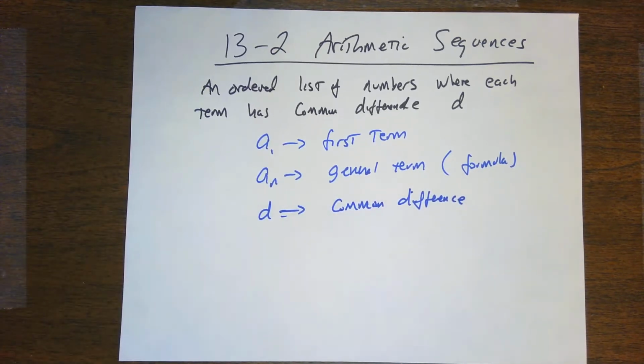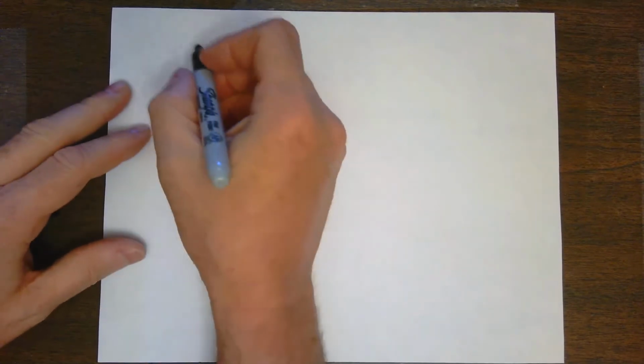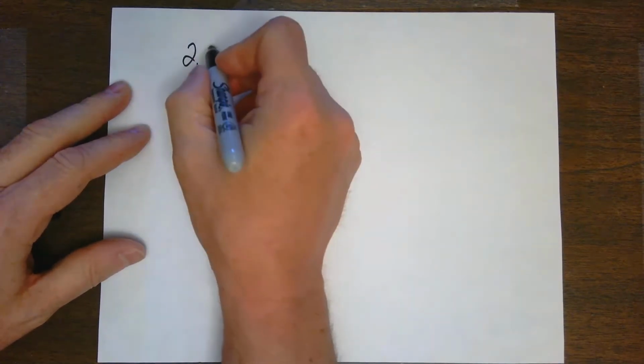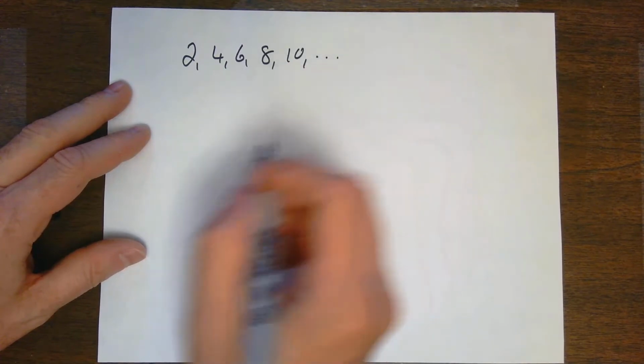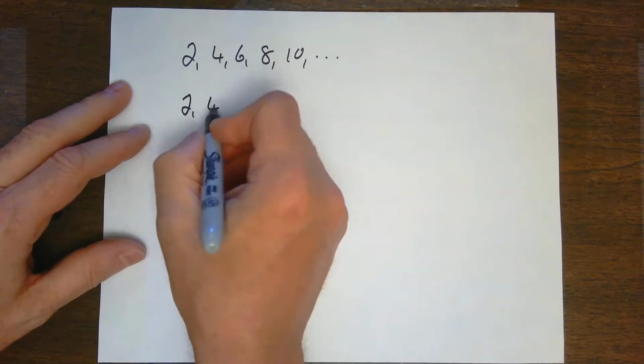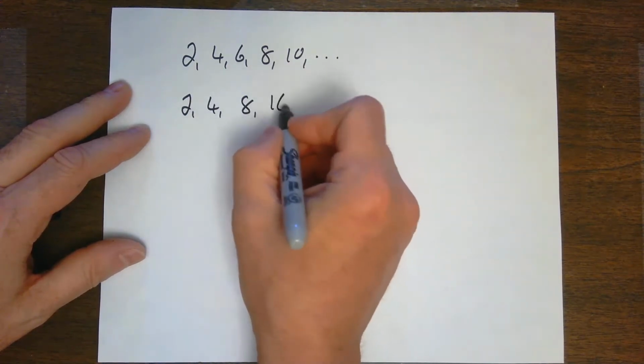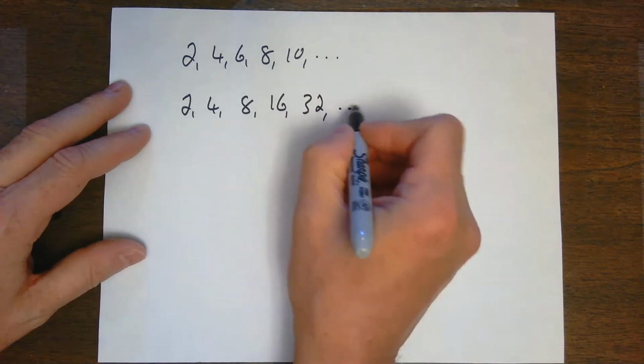So let's take a look at some different sequences and see if we can tell which ones are arithmetic and which ones are not arithmetic. So I'm going to put a couple of different sequences up here. First, let's have 2, 4, 6, 8, 10, dot, dot, dot. And then we'll have 2, 4, 8, 16, 32, dot, dot, dot.